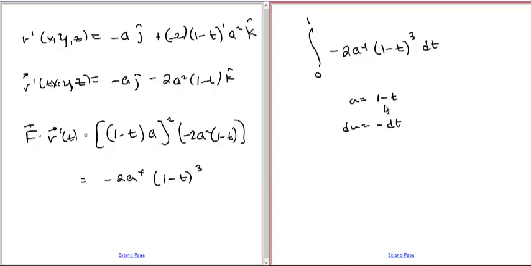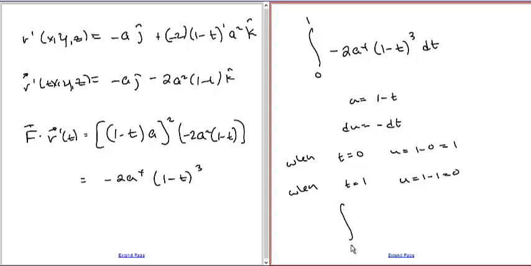So this becomes, and let's see, when t equals 0, u is equal to 1 minus 0, so that's 1. And when t equals 1, u equals 1 minus 1, which is 0.